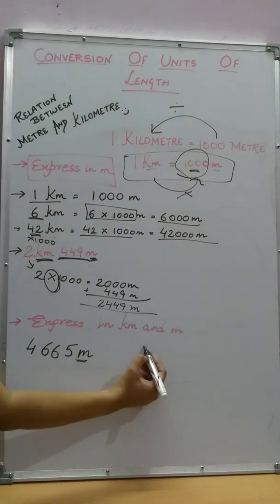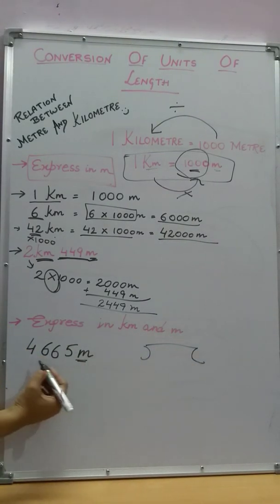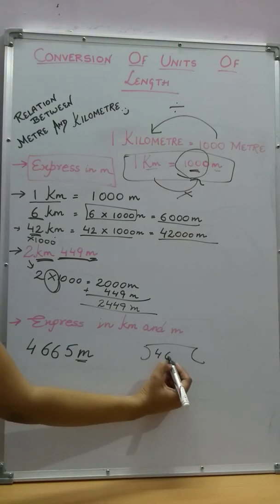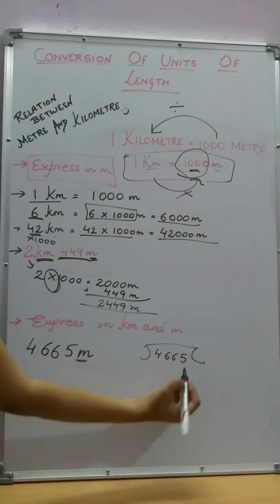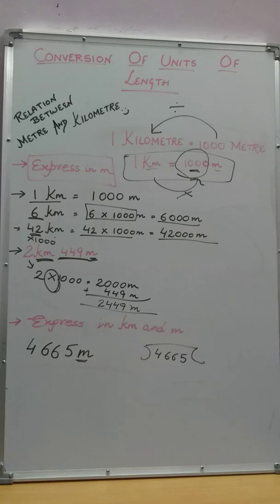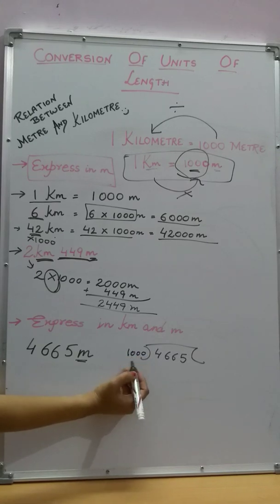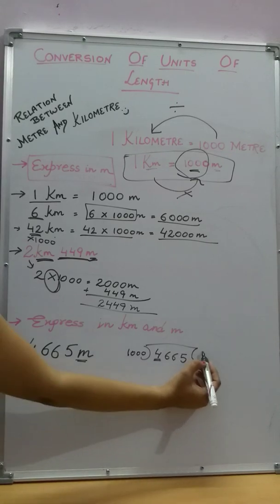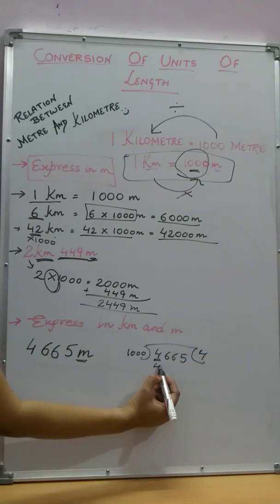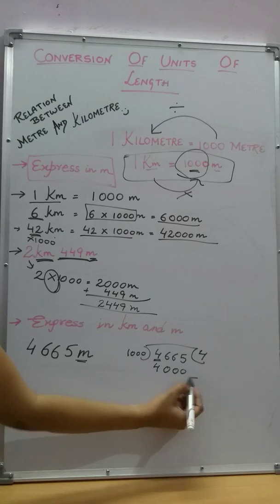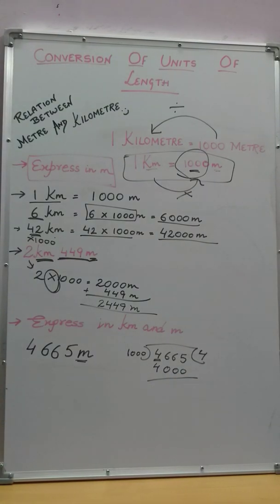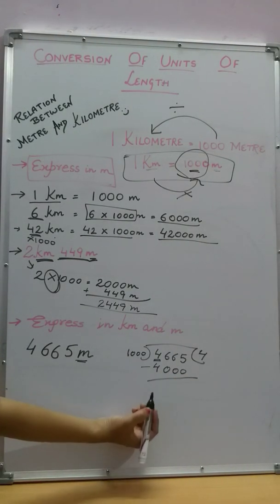So let's see, this we have to divide. 4665. So this number we have to divide by 1000. 1000 ones are 1000, 1000 twos are 2000, like this. 1000 fours are 4000.